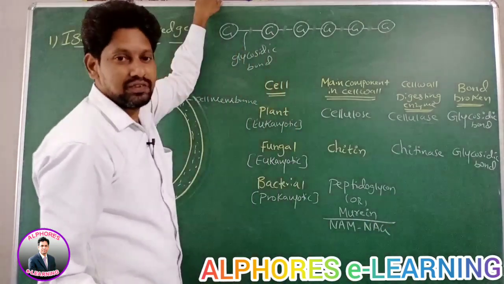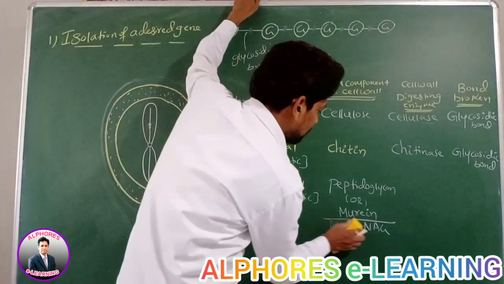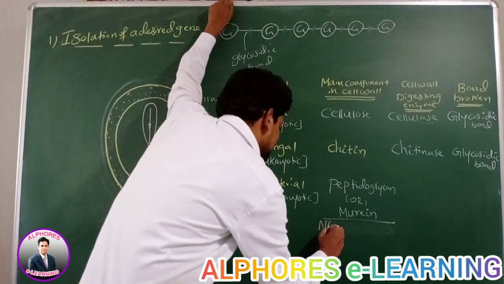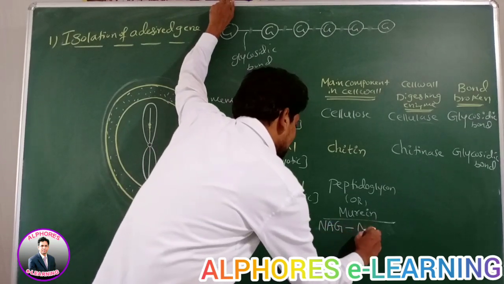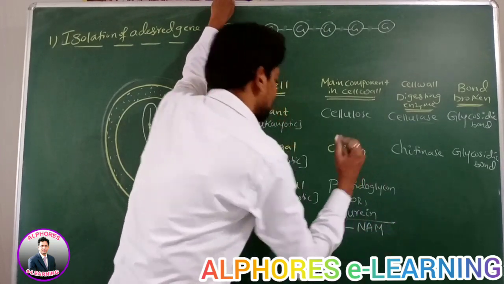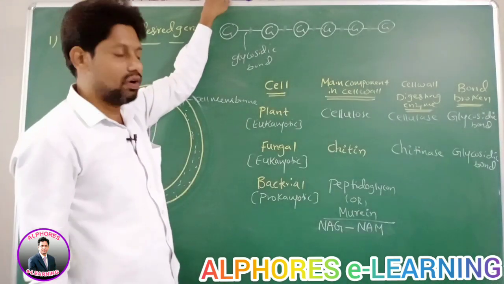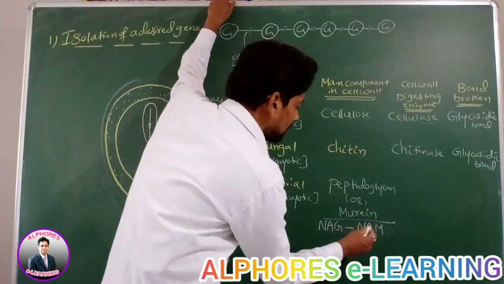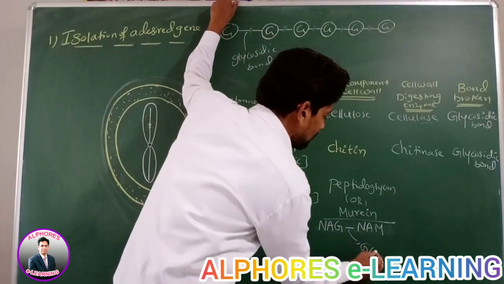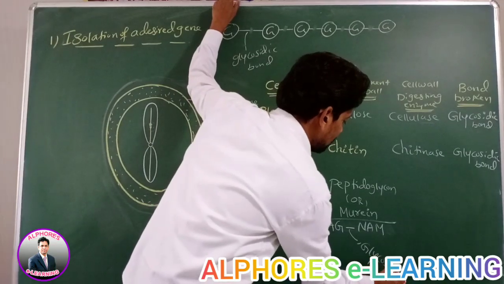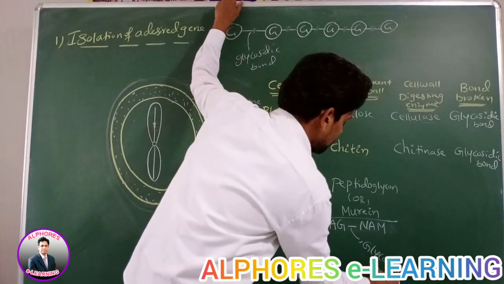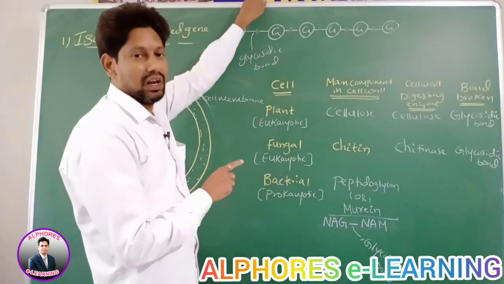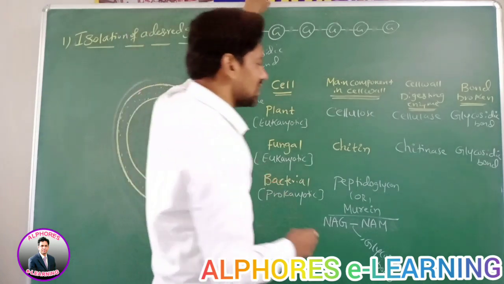Yes or no? Peptidoglycan is made up of N-acetyl glucosamine and N-acetyl muramic acid. In between them, which bond is present? Glycosidic bond is present. To remove the cell wall of a bacterial cell, which enzyme do we have to use?